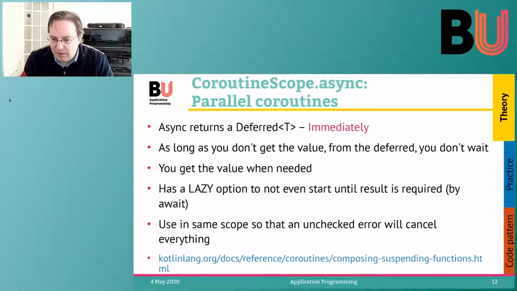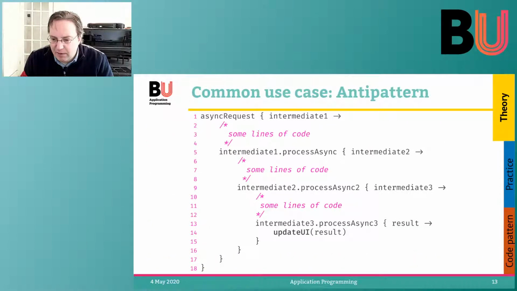And I said I would have a look at the anti-pattern. So this is a very simple version of callback hell. This is where you make a request and you get an intermediate result, then you do something else with that intermediate result.